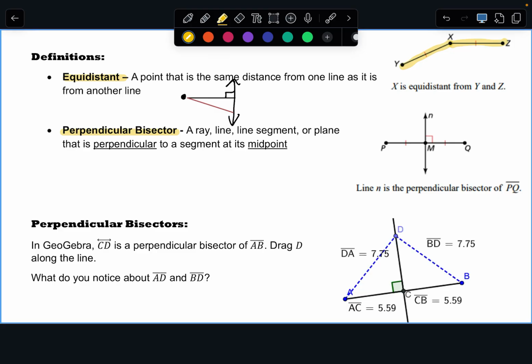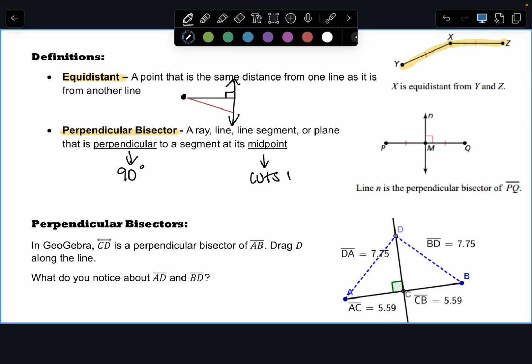Okay? So, someone remind me, what does perpendicular mean? It crosses at a 90 degree angle. Okay, so we have some segment crossing something at a 90 degree angle. What does bisector mean? It perfectly cuts it in half.